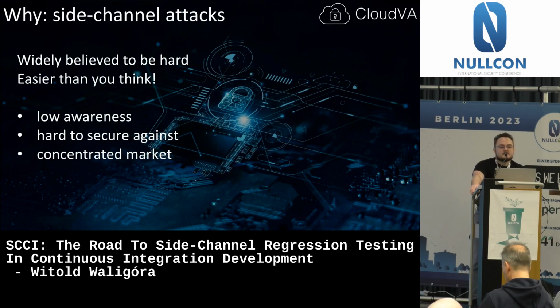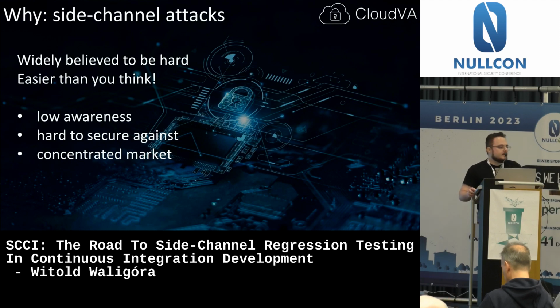Their awareness is also very low. So not many people worry about side channel countermeasures in their code and their libraries. So basically, it's open season, right? Once you can do it everywhere.